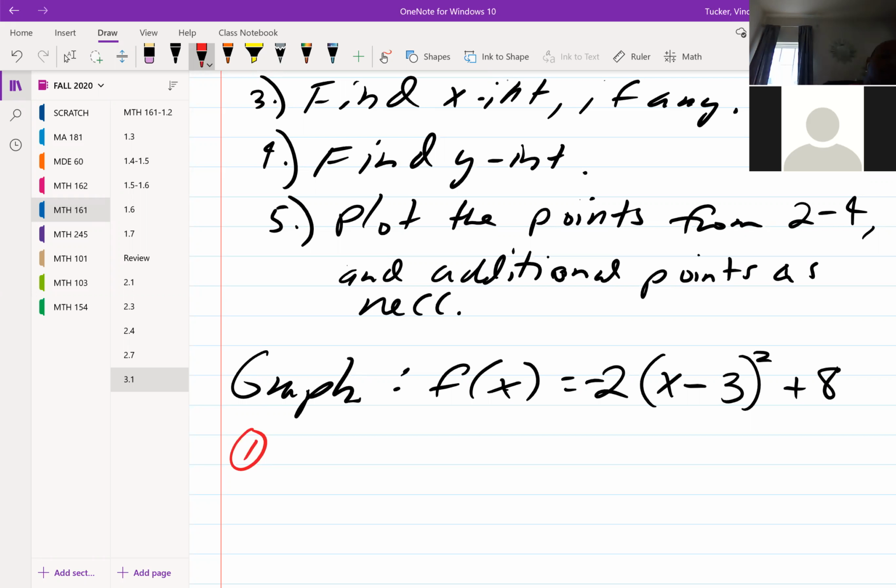So going off of step 1, first thing they ask us to do is to determine whether it's going to open up or open down.